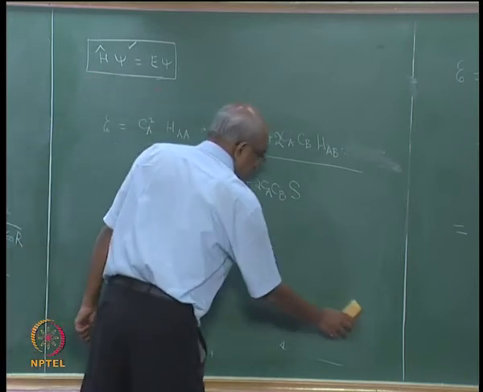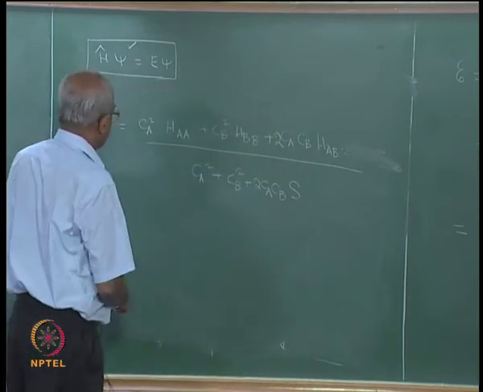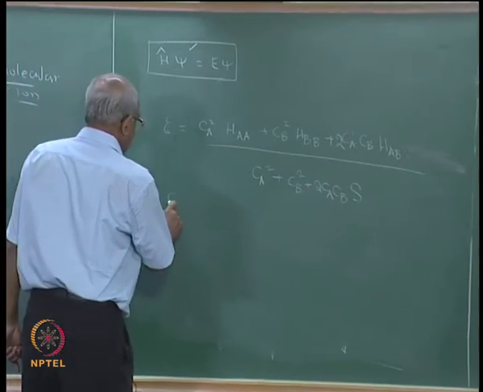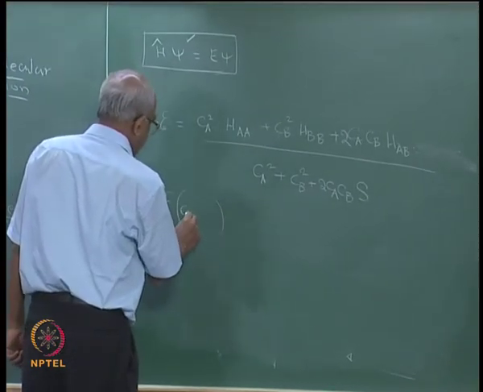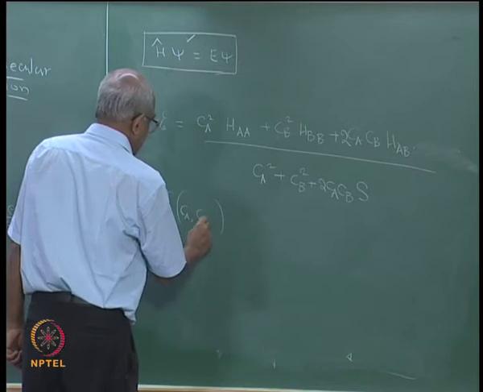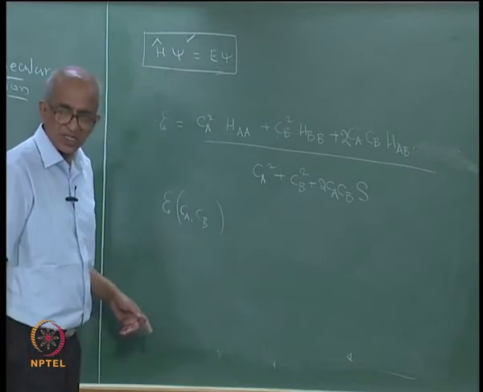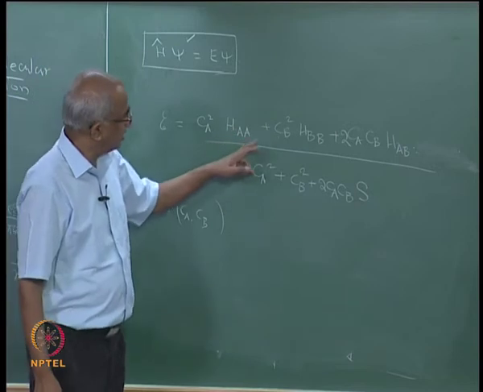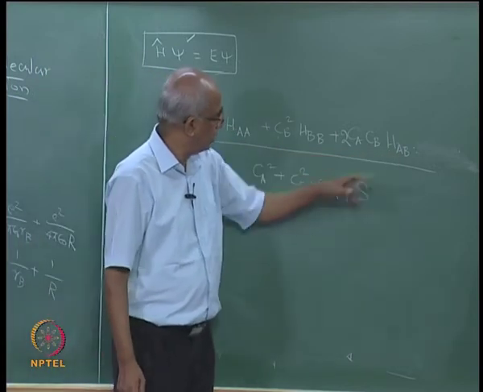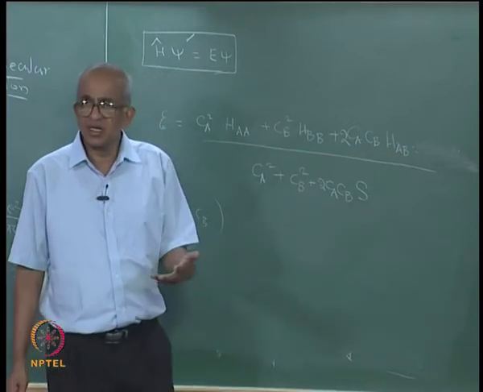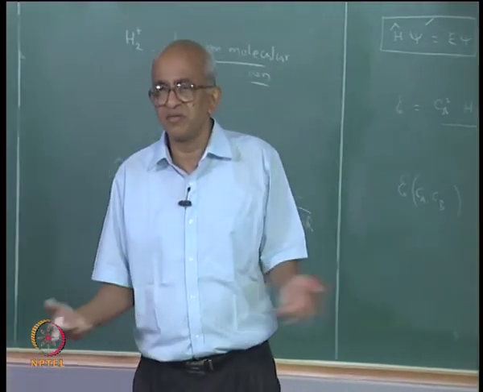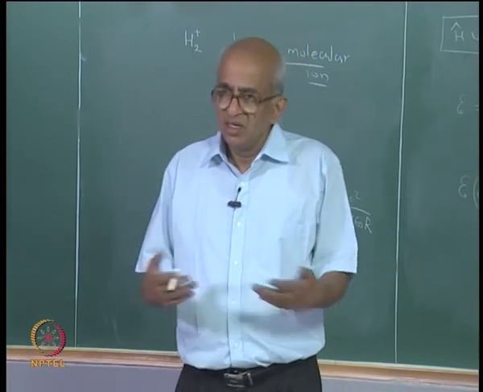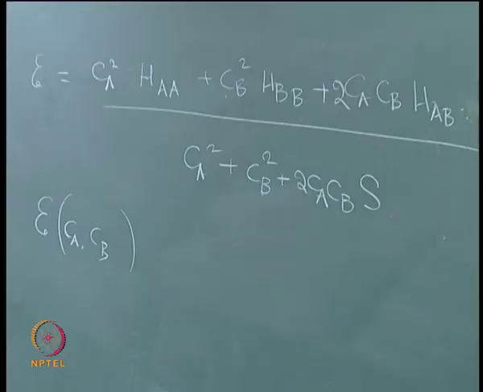So, if you look at the expression for script T, what is it that you find? We now have an explicit expression for script T in terms of the parameters Ca and Cb. You have an explicit expression with H_AA, H_BB, H_AB, and yes, these are integrals which you can evaluate. It is not a difficult thing. The only thing is that you have to be clever enough to evaluate the integral, and you will find that these are some numbers.